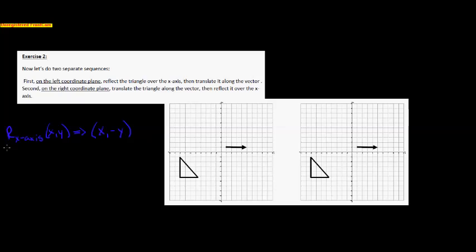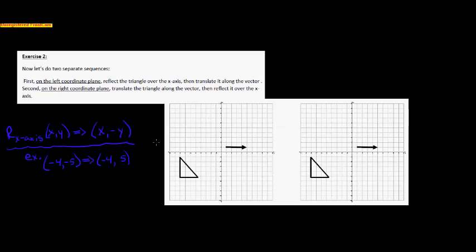Alright, so here's your rule for reflecting over the x-axis. If we want to do a quick example here, if I started with the point -4, -5, then it's going to leave the x-coordinate the same, and it's going to take the opposite or negate that y-coordinate, so it would turn into that coordinate there.